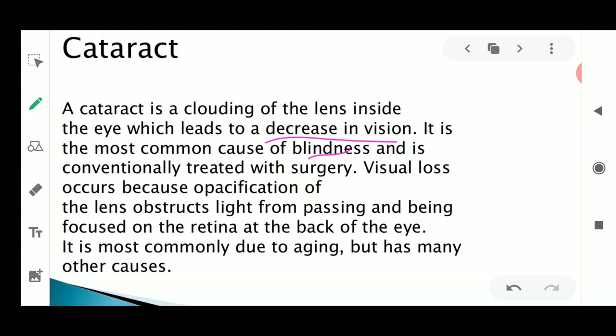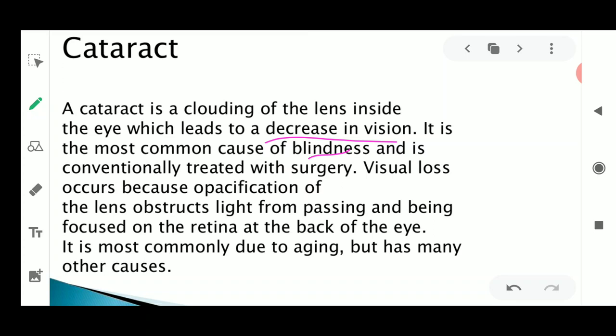Nowadays the surgeries are also painless, as we are using laser surgeries, because of which the person is able to get rid of this cataract very easily.